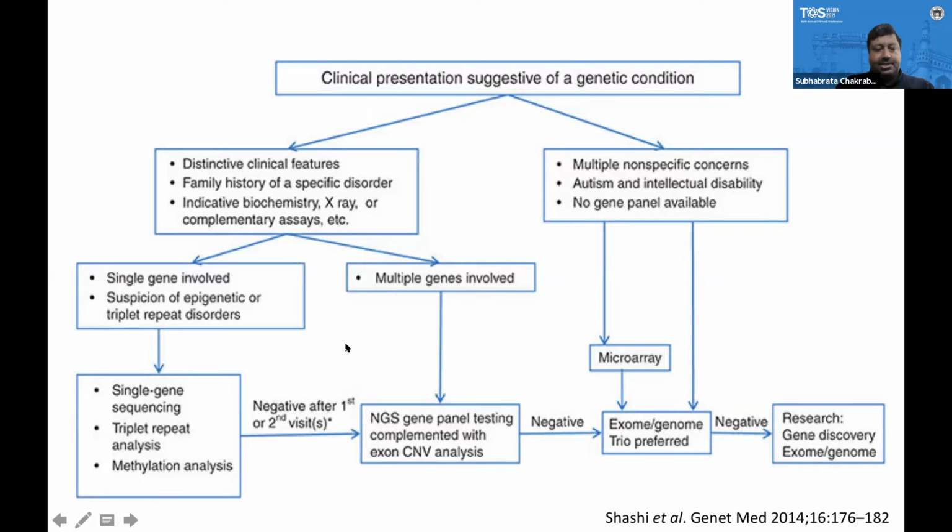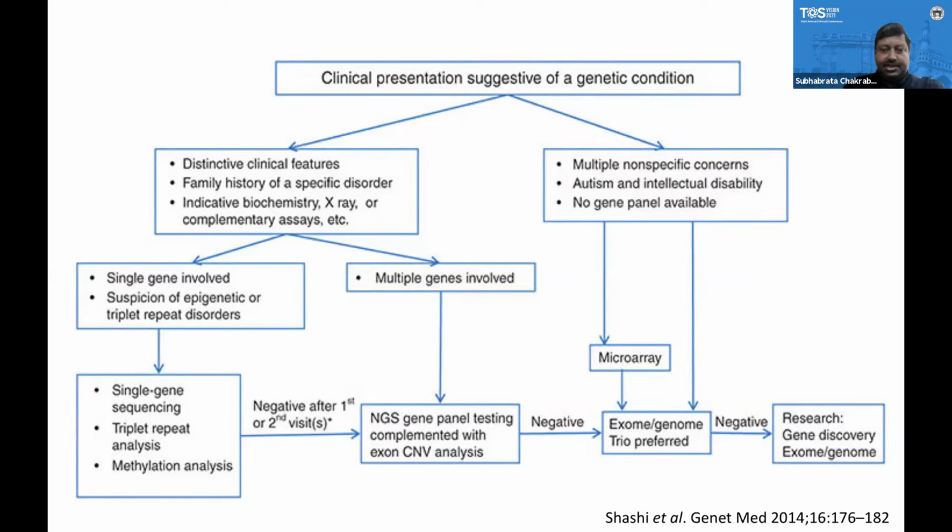If there are multiple genes, nowadays there are other modalities of deep sequencing or next generation sequencing, where one can run multiple genes in one panel and then get an answer if any of the genes are involved.